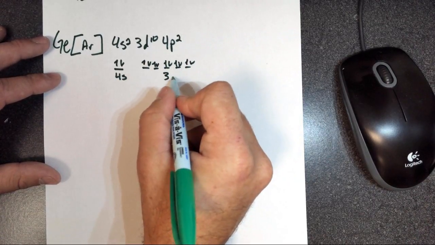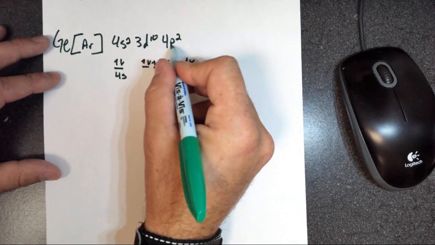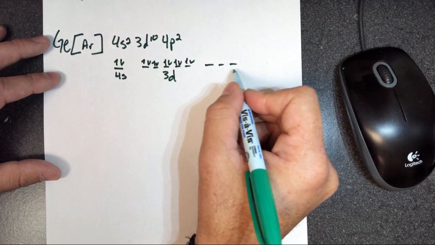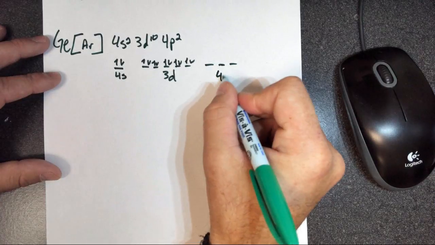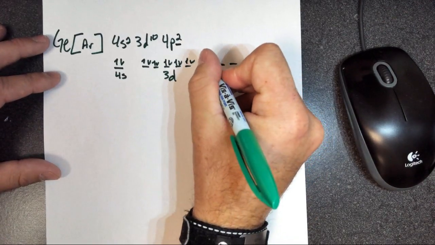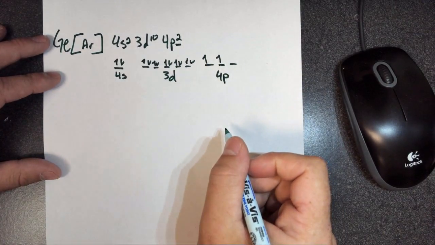That's okay. And so this is where I said you have to fill the up direction first. Since we're at a p, and p has 6 available, we have to account for all 6 electrons. So we have to draw 3 orbitals. We would write 4p underneath it. Since we only have 2 electrons available, we simply have 2 up arrows. Hopefully that makes sense.